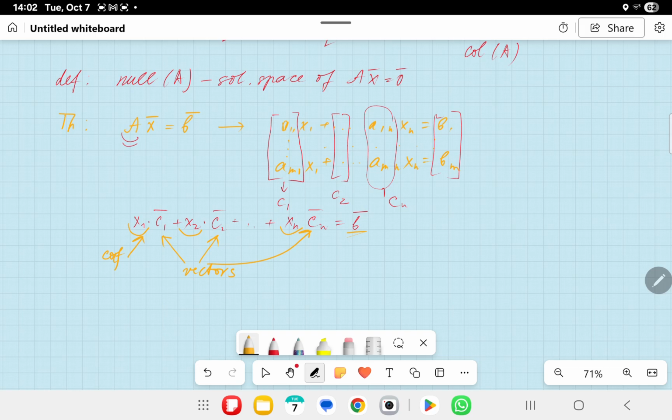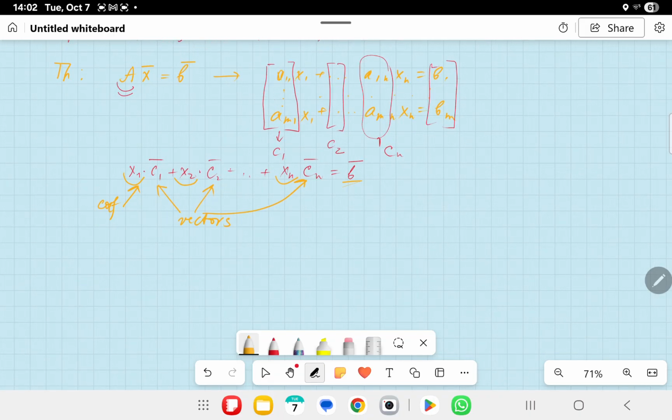So the theorem is going to tell us that the system AX equals B is consistent, has solutions. And what are going to be solutions? Actually, these X's are solutions, and in this case, they are coefficients of the linear combination.